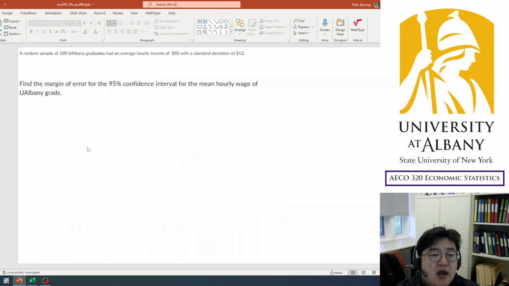Next one. A random sample of 100 U Albany graduates had an average hourly income of $50 with a standard deviation of $12. Find the margin of error for the 95% confidence interval for the mean hourly wage of U Albany grads. So we only need the margin of error, and it is from here.